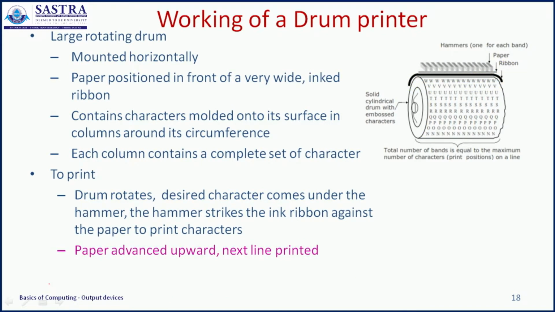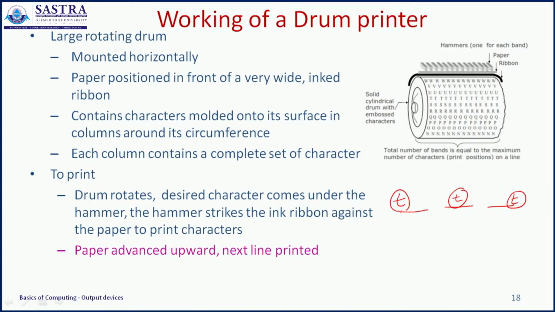How does this drum printer work? Let us assume a line consists of one T in a word, another T in between the word, and another T at the last of that word. When the drum rotates and it sees T at that position, the hammer strikes it and all the T's are printed at the same time.